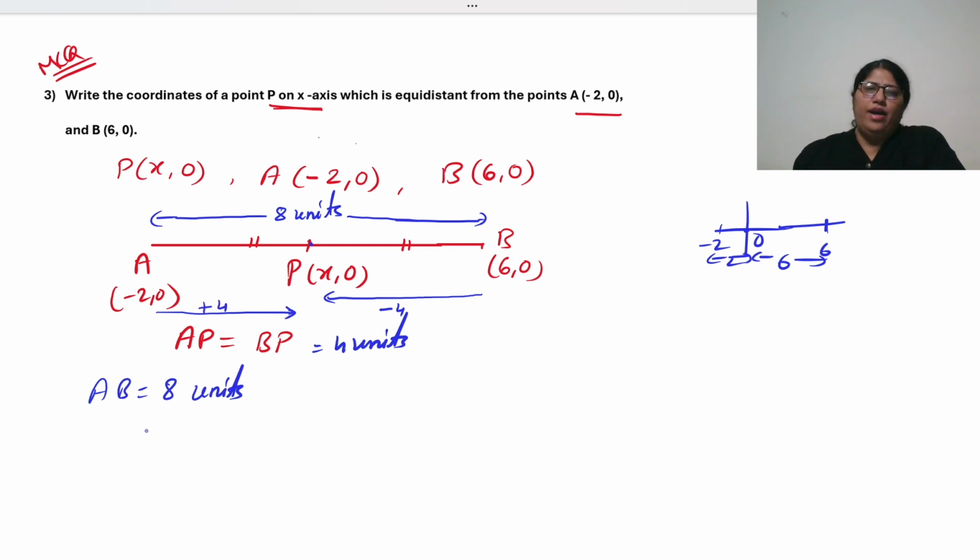So to find out the P coordinates, either you do minus 2 plus 4, which is 2, or you can do 6 minus 4, which is 2. So what is going to be the coordinates of P? It is 2 comma 0.